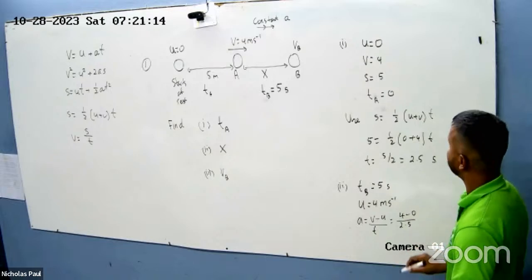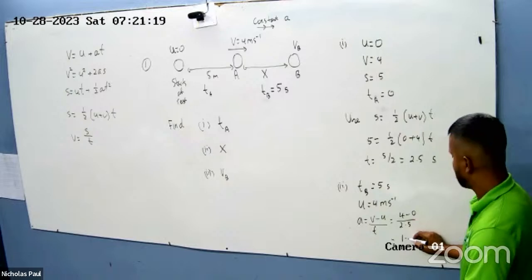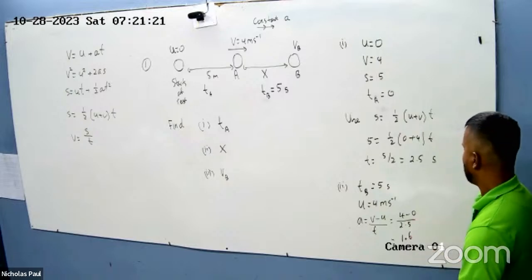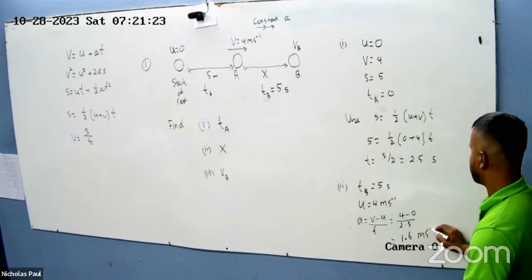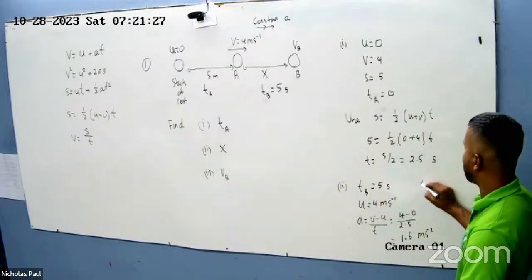What is that? 1.6 meters per second squared. So now we know u, we know a, we know t. How are we going to find x?